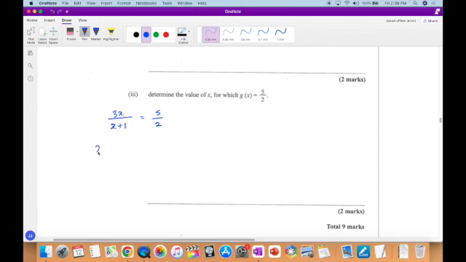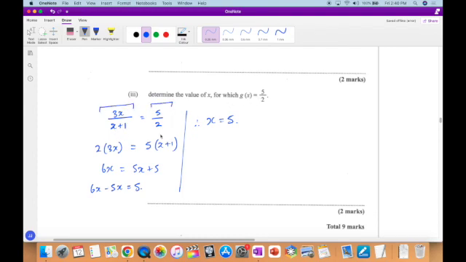So 2 multiplied by 3x is going to be equal to 5 multiplied by x plus 1. 2 3s are 6x is equal to 5x plus 5. So 6x minus 5x is equal to 5, and therefore x is equal to 5.